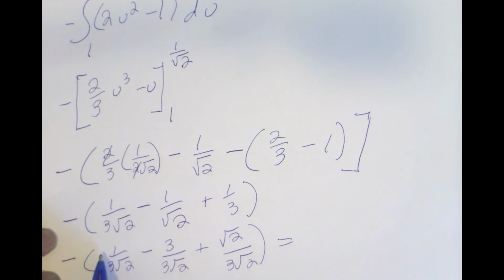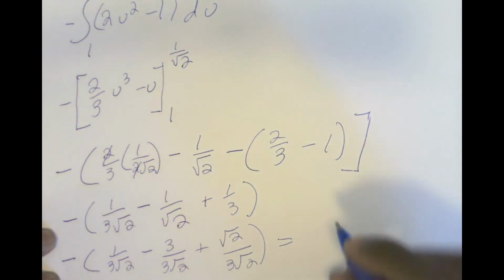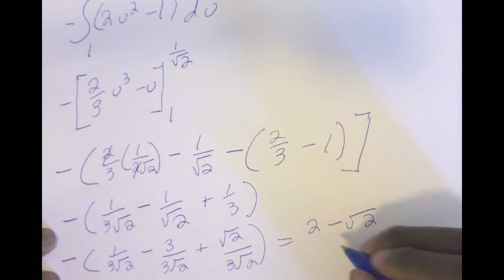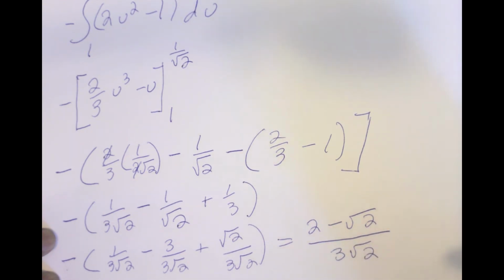And so we have 1 minus 3, that's negative 2 plus the square root of 2. Let's go ahead and distribute that negative sign. So we'll have negative 2 plus the square root of 2. So that'll be positive 2 minus the square root of 2 over 3 times the square root of 2.